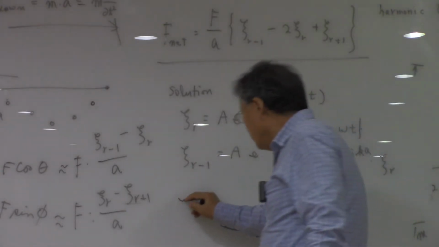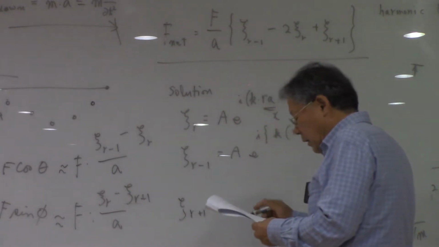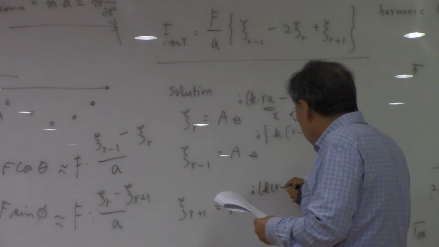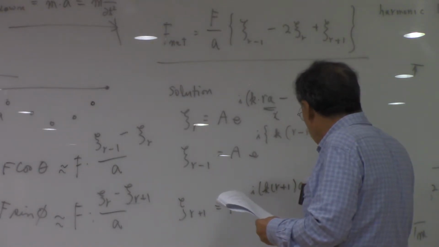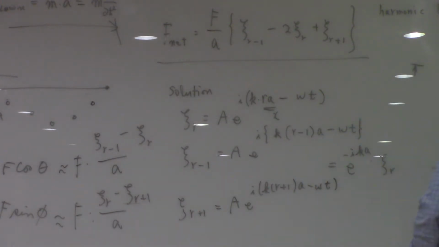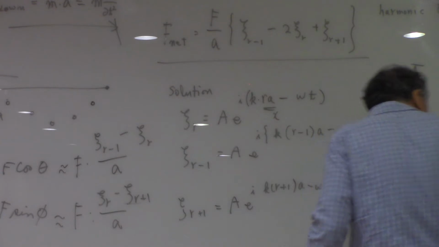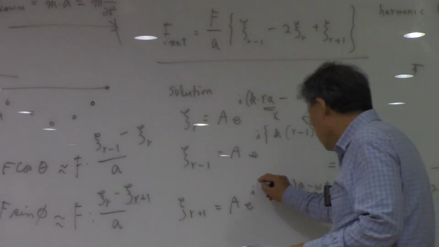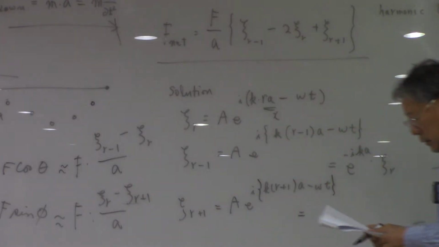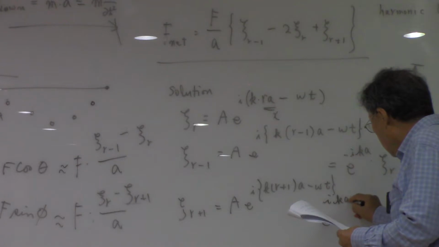And with the same token, we can say psi r plus 1 is going to be A e to the i(k (r plus 1) a minus omega t), then it's going to be e to the i k a times psi r.